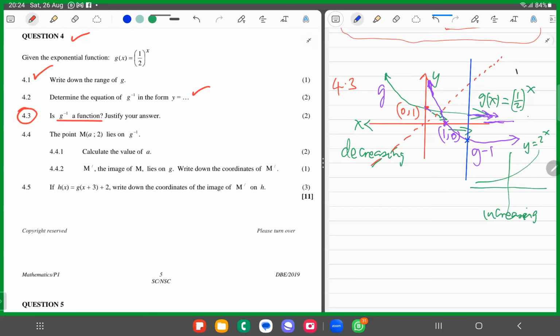So yes, the answer is this one. What is the answer? Yes, the vertical line test.